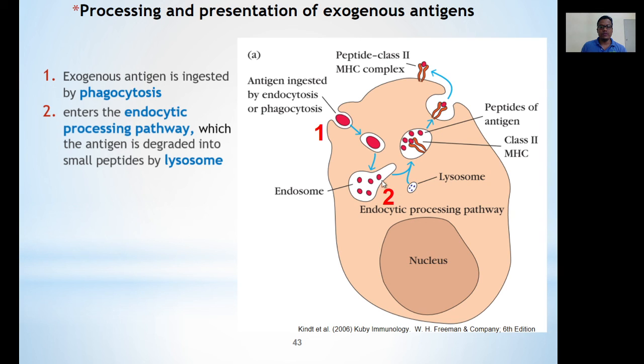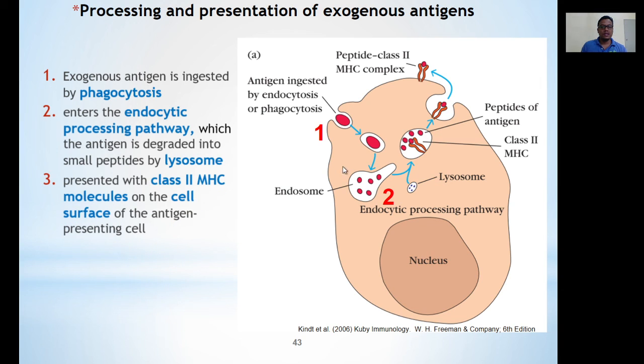So the lysosome will fuse together with the engulfed antigen. This is the part where they will be digested. And then the processed, digested peptides will be presented onto the class 2 MHC molecules on the cell surface by the antigen presenting cells. So here they will engulf, process, attach to the MHC class 2 and then display it to be recognized by the T cells.